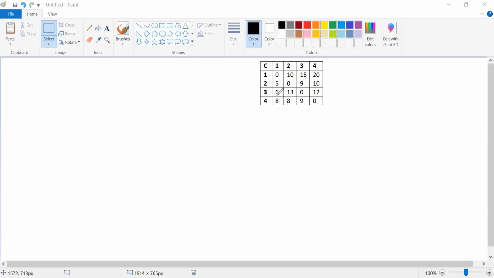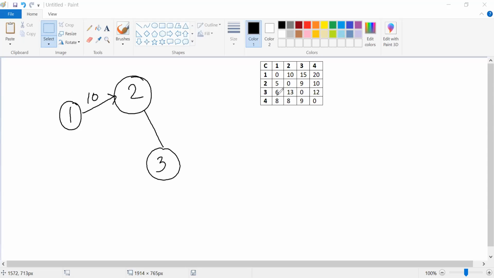This is a graph, adjacency matrix given for a graph with 4 vertices. So 1 to 2, there is an edge. 1 to 3, there is an edge, and 1 to 4, there is an edge.